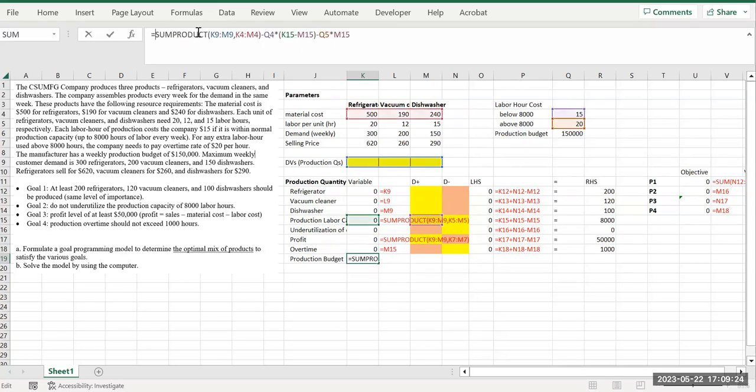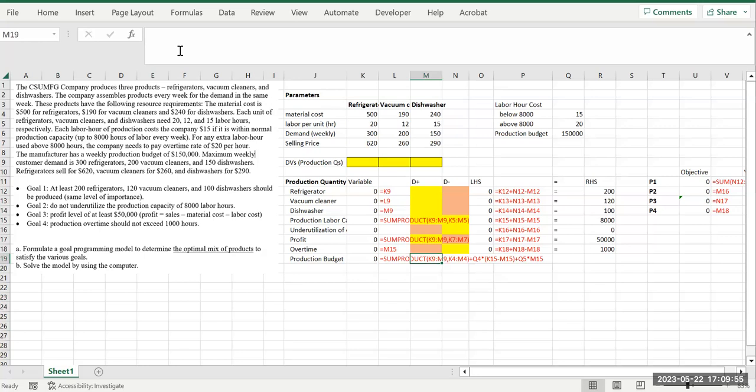That would be your labor cost: normal labor cost plus overtime cost, 20 times the amount that you go over 8,000, plus 15 times the production labor used, anything up to 8,000 here, plus the material cost. So we want to make sure that stays.